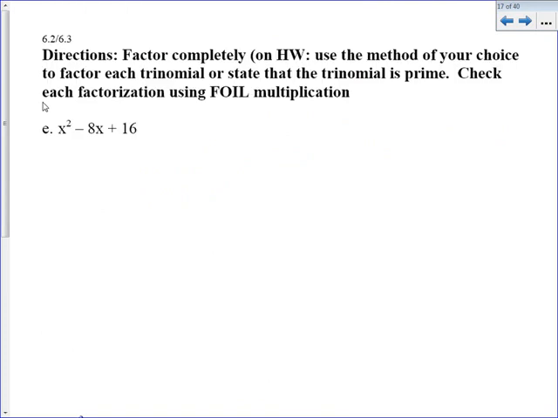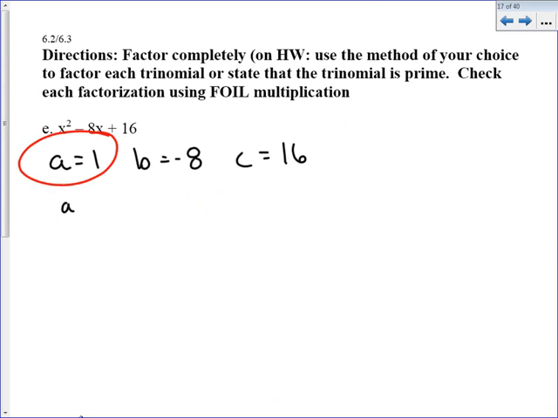So if I look at E, there's no GCF, but there's that golden fact that A equals 1. B equals -8, and C equals 16. This lets me use a shortcut. We're still going to find our pair of numbers the same way. A times C is 16.